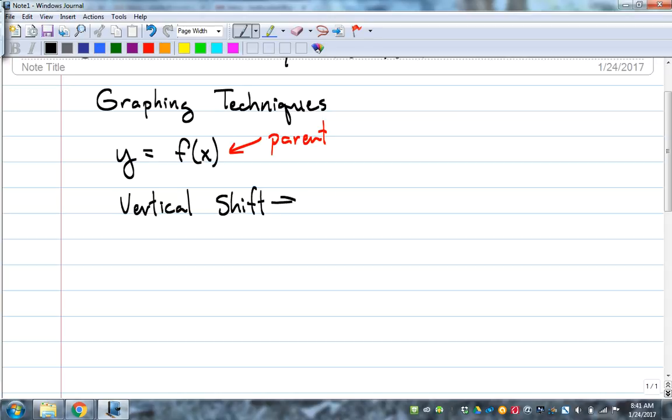A vertical shift, where k is a number. Vertical shift is like adding something to that. So that might be like square root of x, and then on the outside of that, plus 5. That would be a vertical shift. Okay.